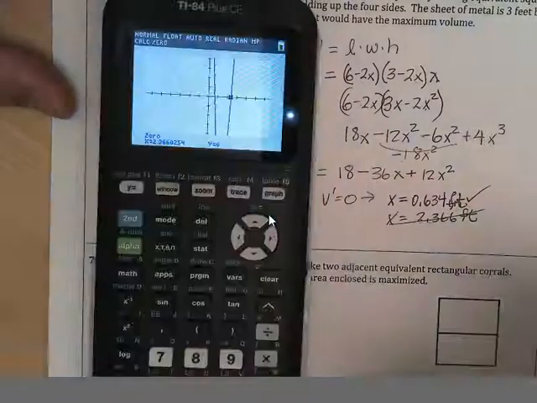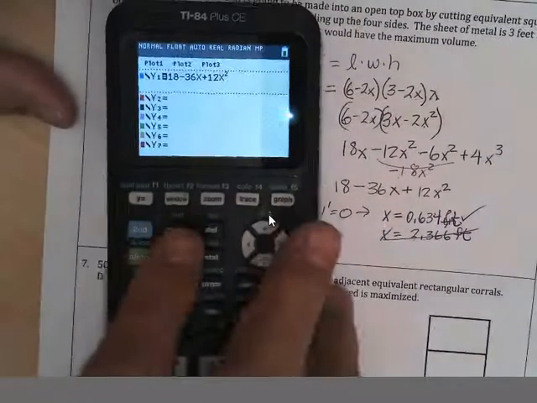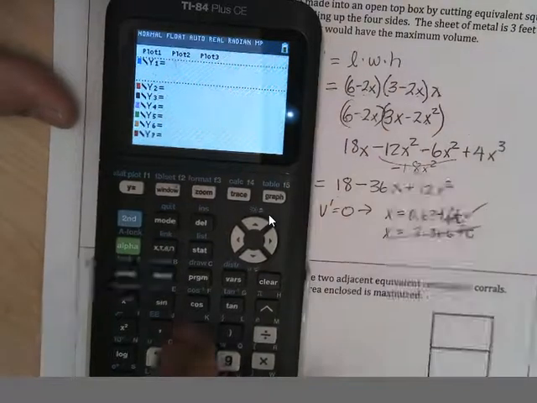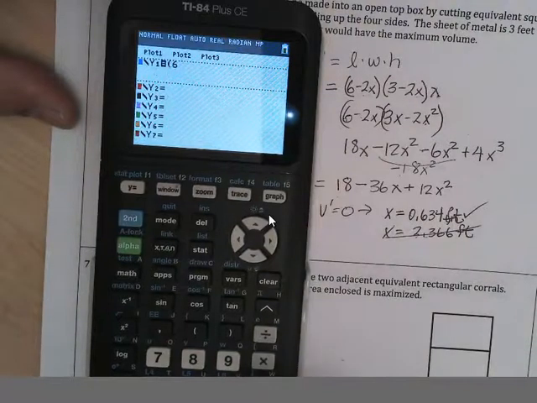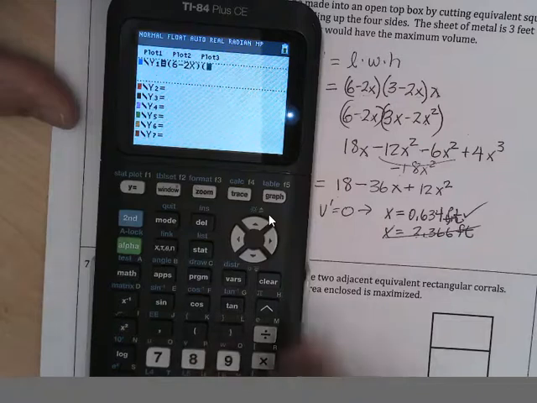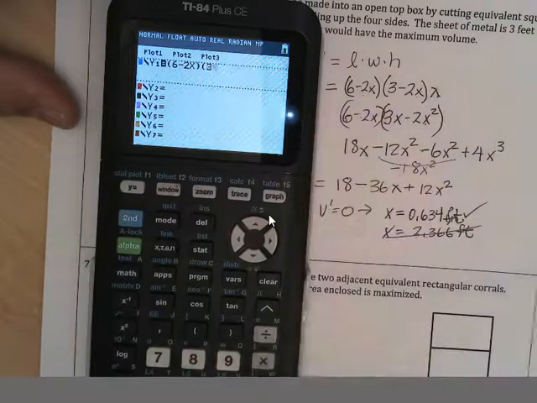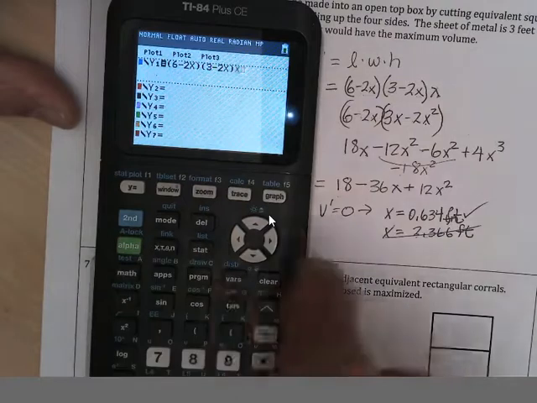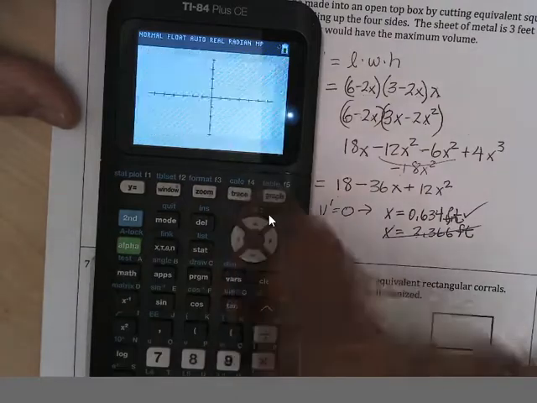And if we went back to verify that, we can go back to the original equation and type in parentheses 6 minus 2x, 3 minus 2x and x, graph.